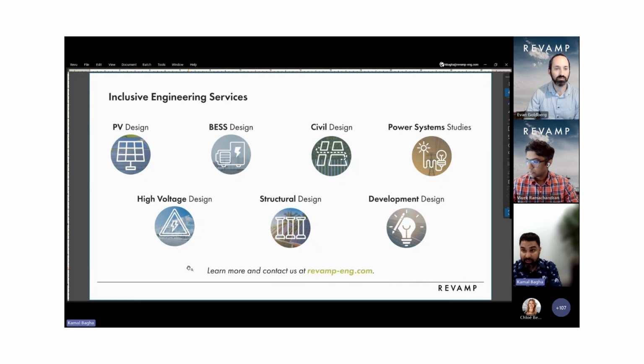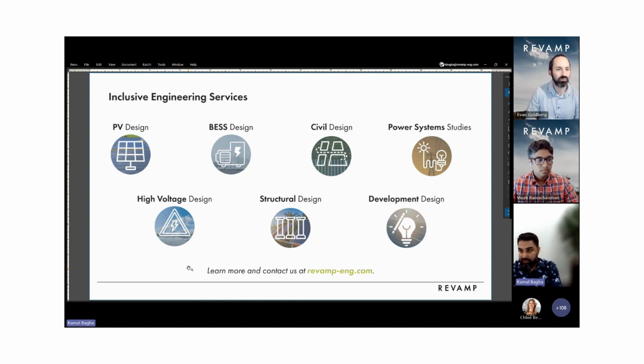We're excited to talk to you about our capabilities today. Our team goal is not only to support our clients with reliable designs, but to push the boundaries in renewable energy to create more adaptable and sustainable power infrastructure.